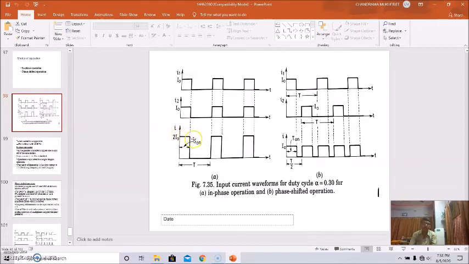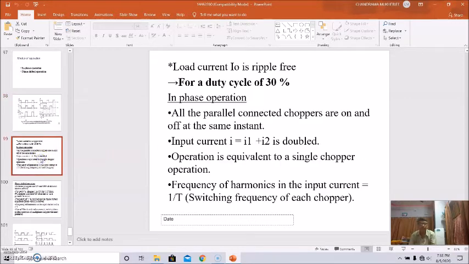So basically this is the chopper operation current, getting doubled. Clear? And the frequency of harmonics in the input current should be equal to the switching frequency of each chopper, that is 1 by T.